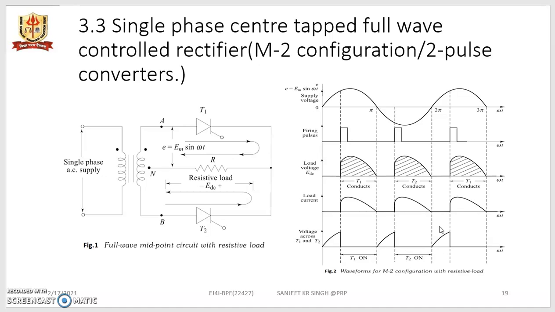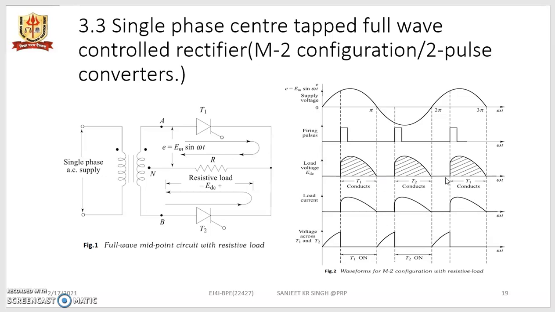So this cycle repeats, and at 2 pi the thyristor T2 is turned off, and then the positive half repeats itself. This is how the current is always from right to left, that is unidirectional, and we get the average load DC voltage as positive.